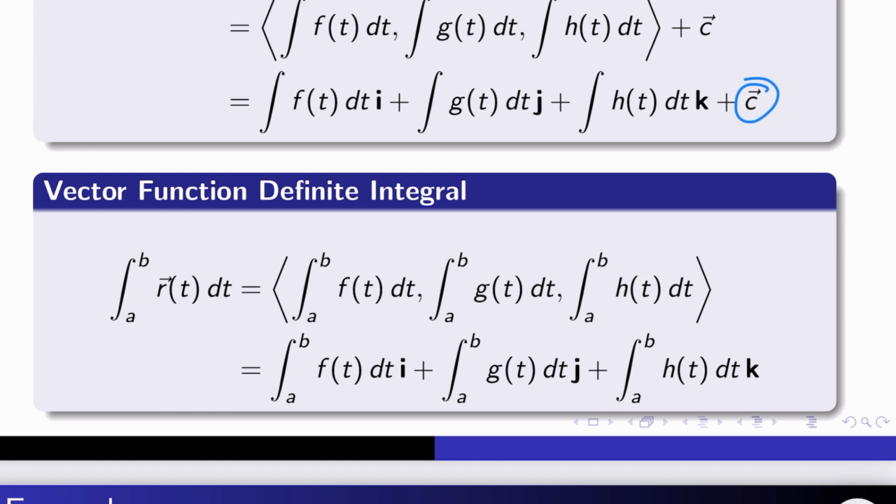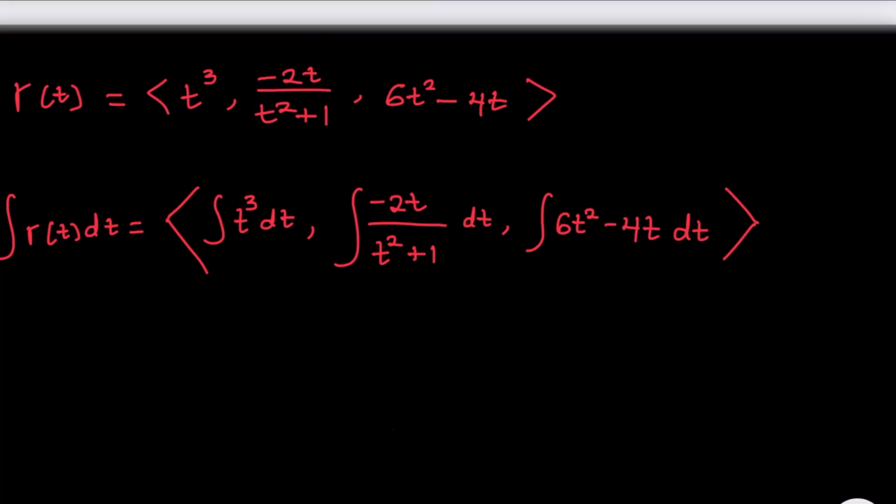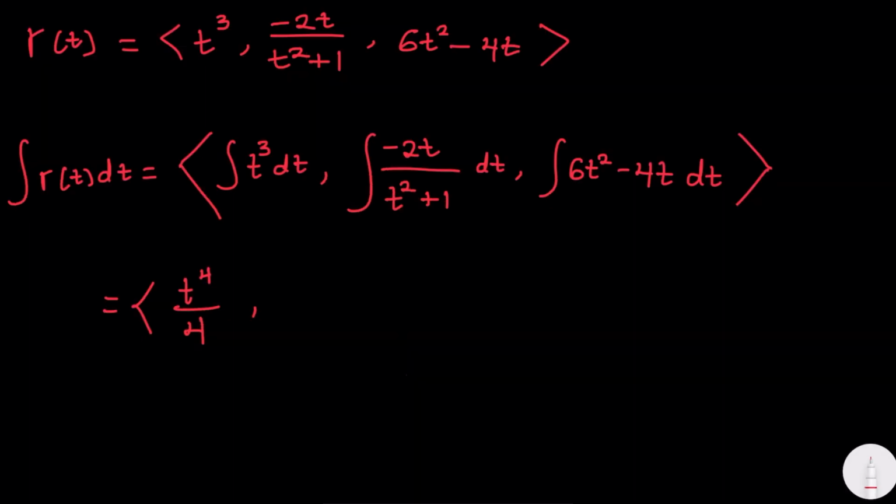So now let's try our first example on integrating vector functions. Let's integrate that of the i component. For the i component, we are going to have our answer to be, that's we add 1, then we divide by the new exponent. For that of the j component, we are going to use integration by substitution. So we are going to let u be equal to t squared plus 1, then we differentiate u to get 2t dt, then we now substitute in.